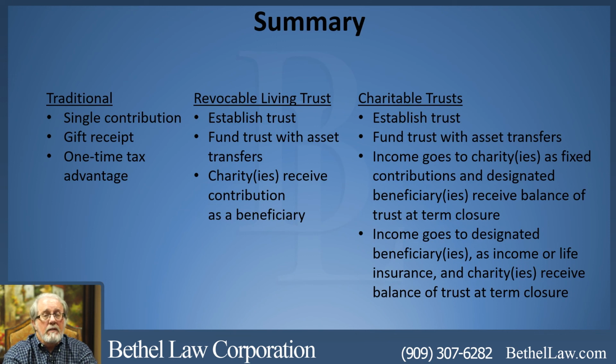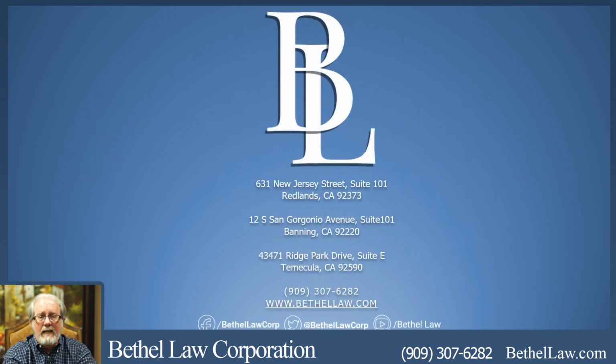If you want to replace that corpus, you have that income stream coming to the family, and you take it and invest part of it into a life insurance policy to replace the corpus that ultimately ends up going to charity. So with that, this is a brief introduction into charitable planning.